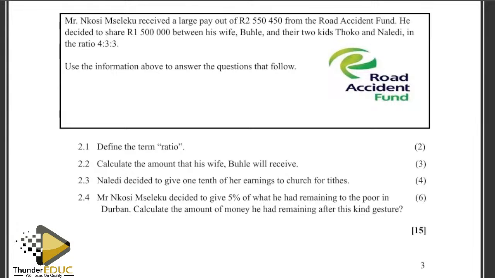He decided to share 1,500,000 between his wife Butle and their 2 children, Toko and Naledi, in a ratio of this much. That means this is the wife, this is Butle, then the 2 children.